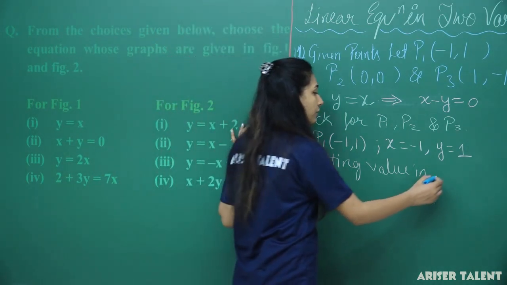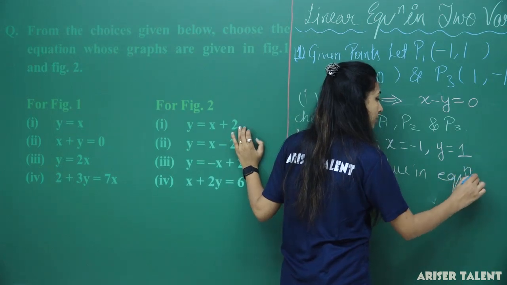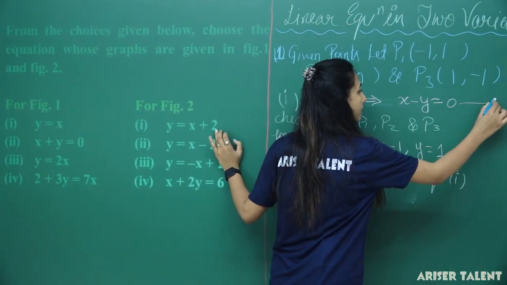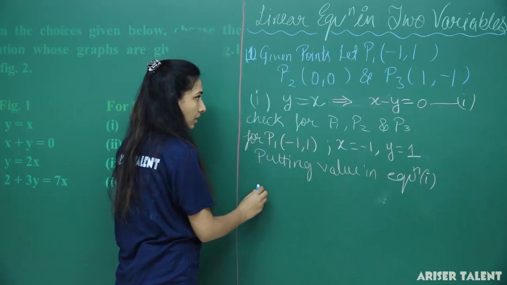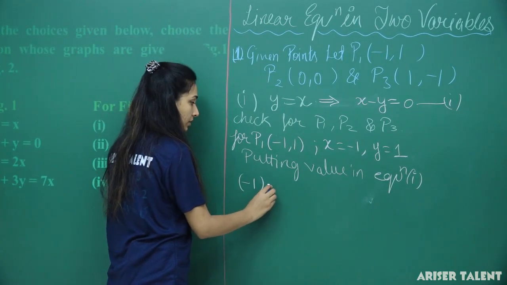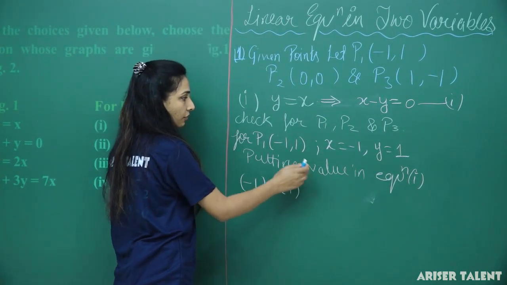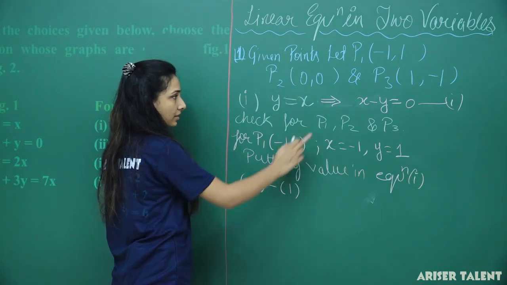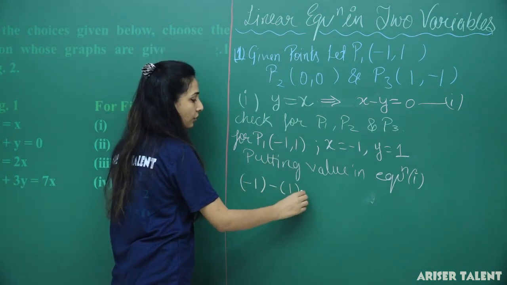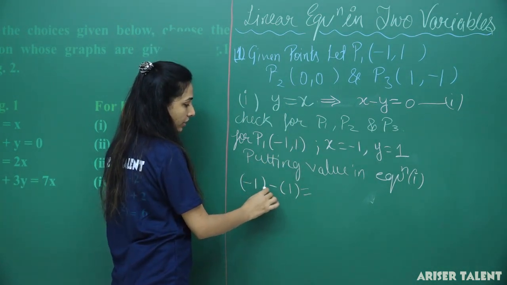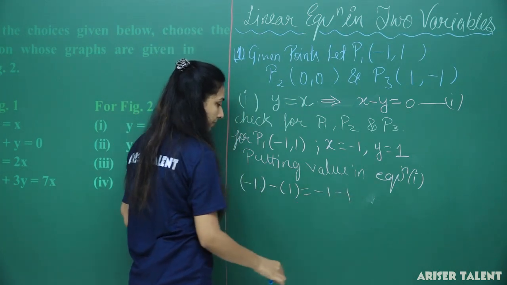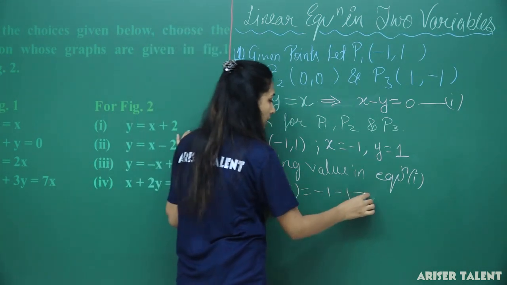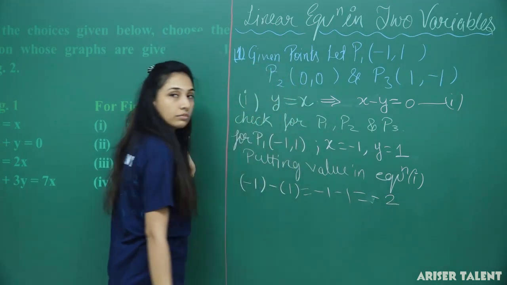Now putting values in equation 1: the value of x is minus 1, minus the value of y which is 1, equals what? Minus 1 minus 1 is minus 2.